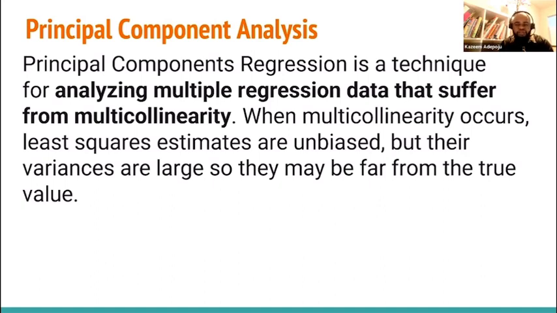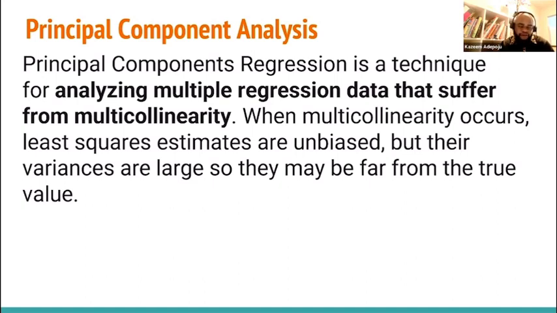In a situation where it is moderate, maybe we don't need to be worried so much, even though the estimate of the regression parameter is still going to be unbiased. The only thing is that they are no longer going to be consistent because the variance has been inflated.